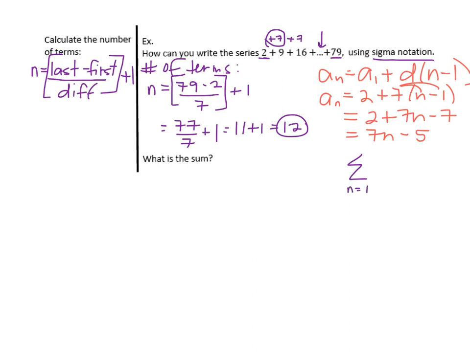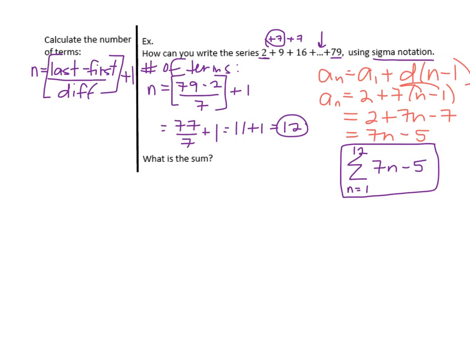On the top, we list how many terms there are, and that's where that 12 comes in. And then after that symbol, we write the pattern rule for each term in the sequence. And we calculated that to be 7n minus 5. This would be the sigma notation for the pattern 2 plus 9 plus 16 plus dot dot dot, some terms in the middle, plus 79.